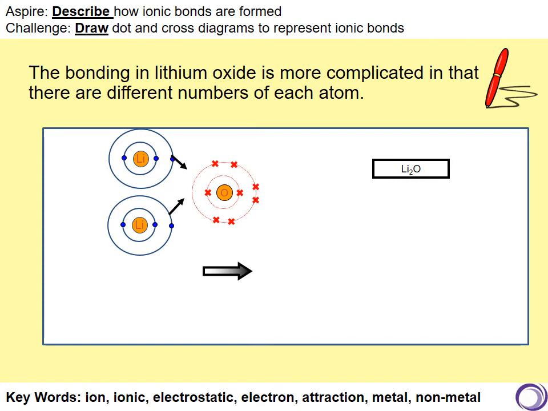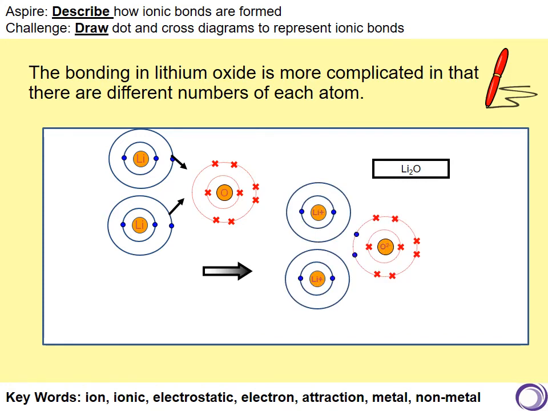That then results in 2 positively charged lithium ions and 1 negatively charged oxide ion. You'll see the formula for lithium oxide, Li2O, and this reflects the fact that 2 lithium atoms have each donated an electron to 1 oxygen atom.